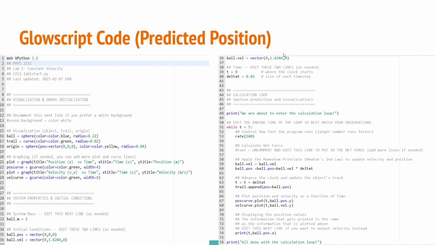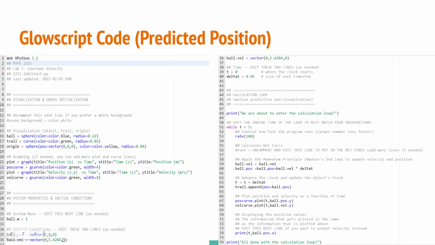So this is the code that was used to build the computational model, also known as the predicted position. As you can see, towards the bottom of the screen on your left side, lines 35 and 36, that's how I was able to get the position and velocity.